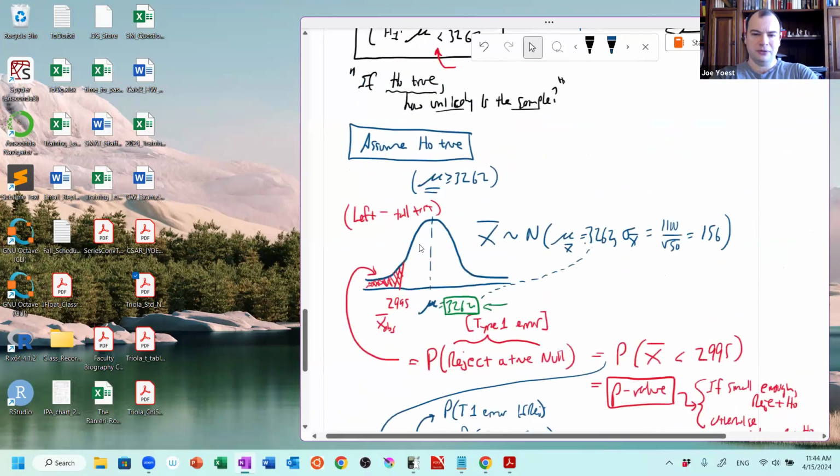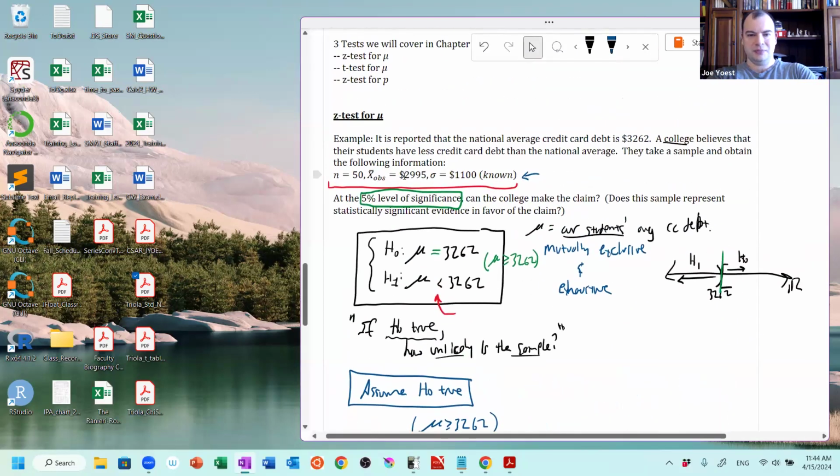Now, have we proven that the mean is 2995 or super close to 2995, or that it's way less than 3262? No, we haven't. It might be like 3261 or something. We've just provided statistically significant evidence that the mean is less than 3262, that our students have less credit card debt than the national average.